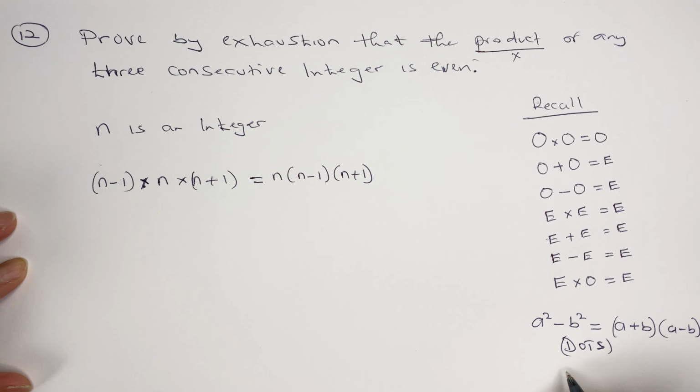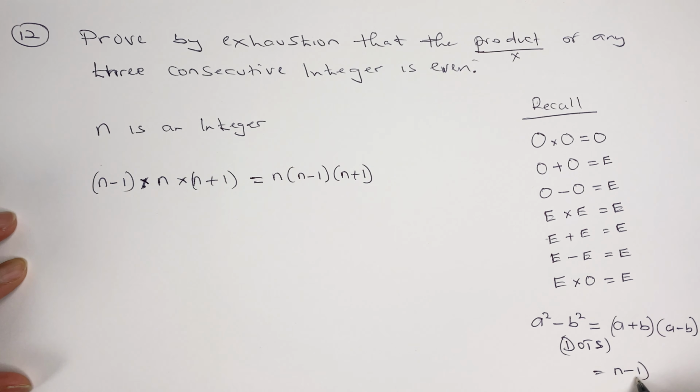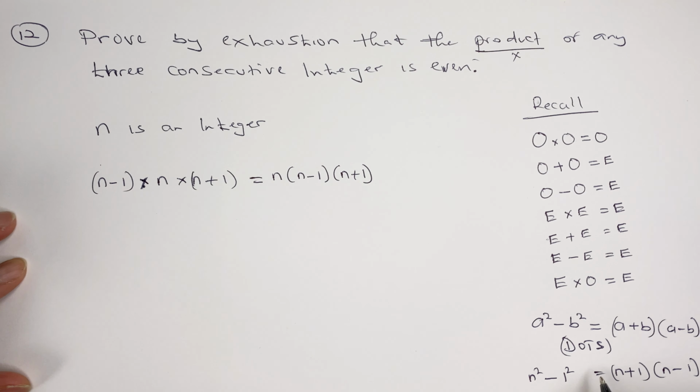So we have n minus 1 and n plus 1, which means we're going to have n squared minus 1 squared. And 1 squared is 1.